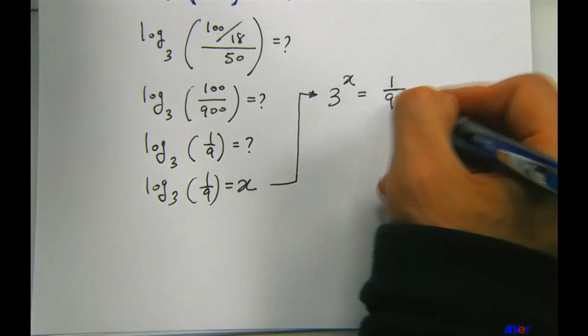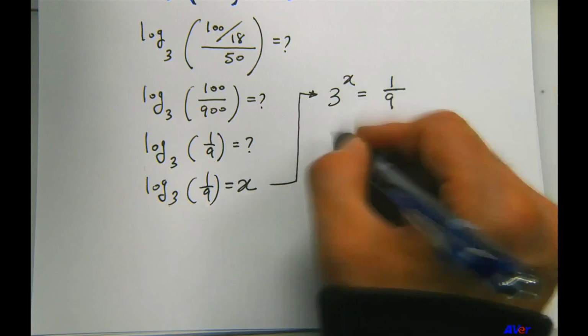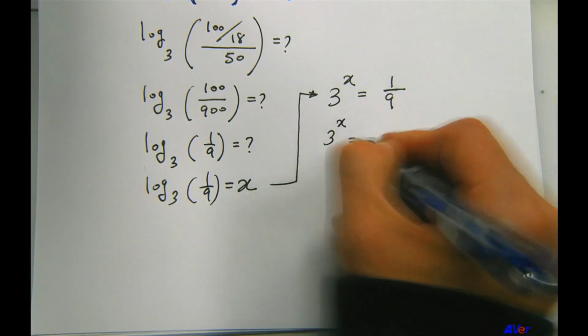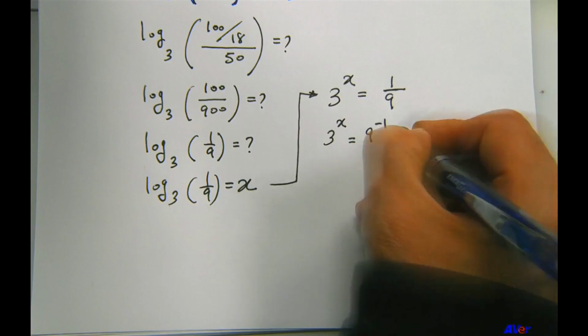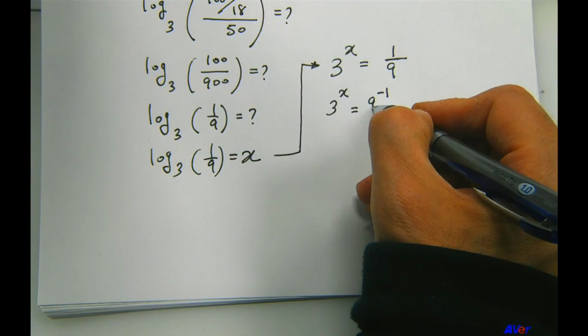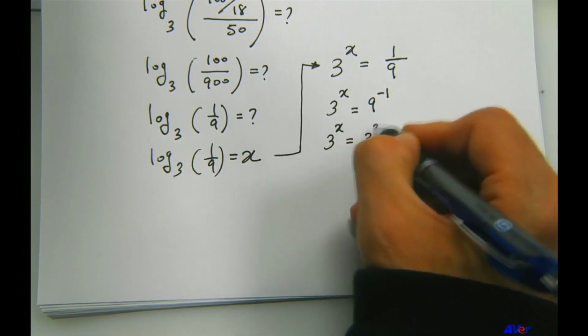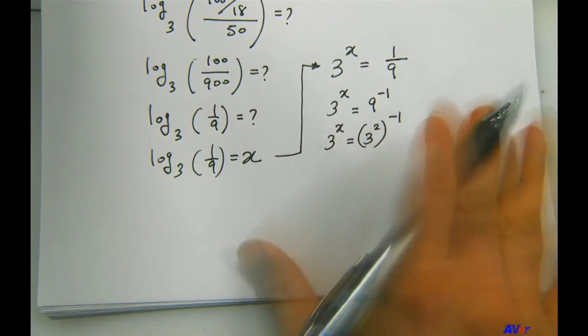Now let's rewrite the right-hand side in power form. So 3 to the x equals 9 to the minus 1 power. Also, we can rewrite 9 as 3 squared, so 3 to the x equals 3 squared to the minus 1 power.